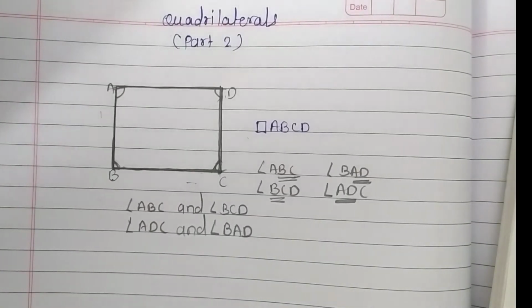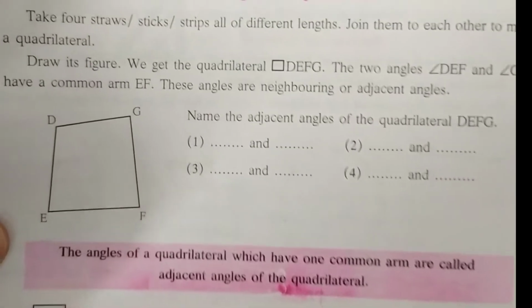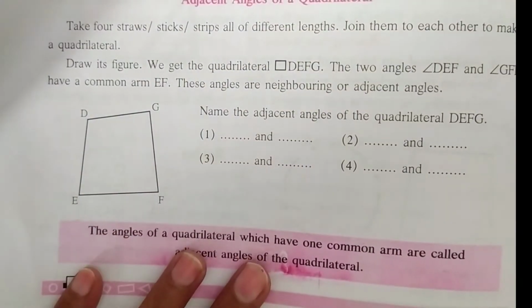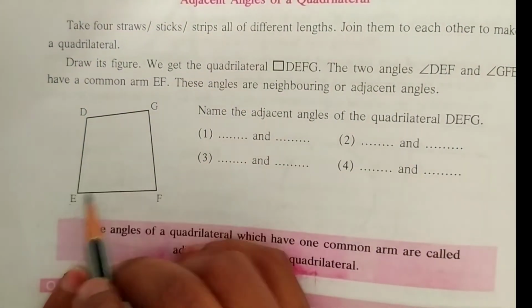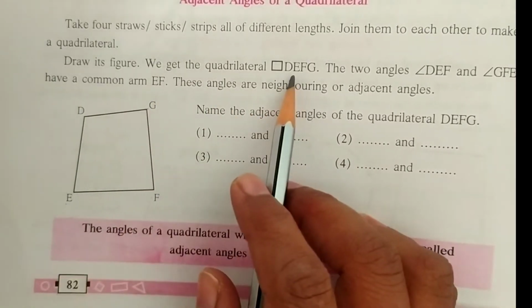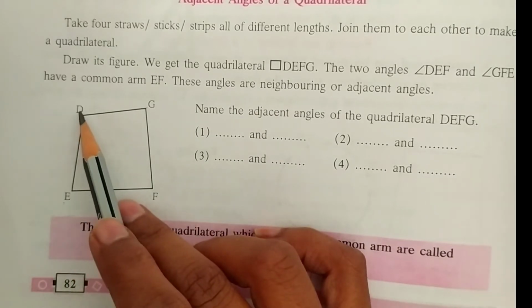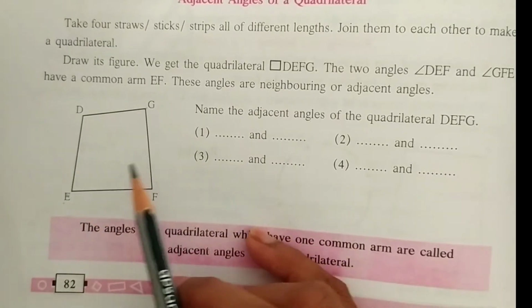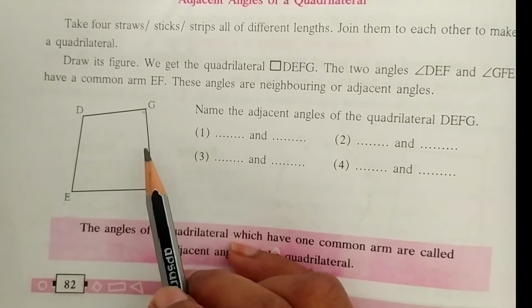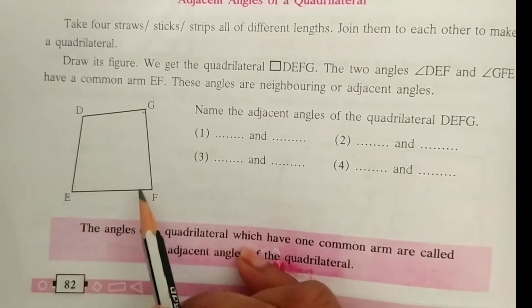Now look at page number 82. Here we have one figure. Two angles here, angle DEF and angle GFE, have a common arm, that is EF.